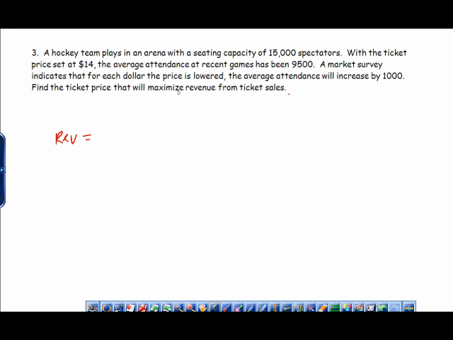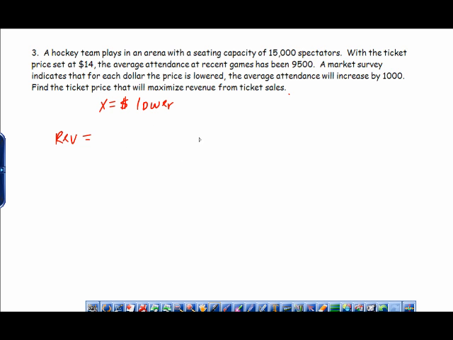So if you think about it, it says for each dollar the price is lowered, the average attendance will increase by 1,000. So if I let X be the dollars that I'm lowering the price, my problem's going to work out pretty nice. Now, there are other ways to solve this problem. I think this is the most efficient way to solve it. And as I work through this equation, I'll explain to you again why I did that.